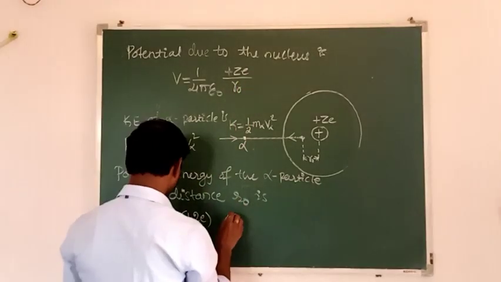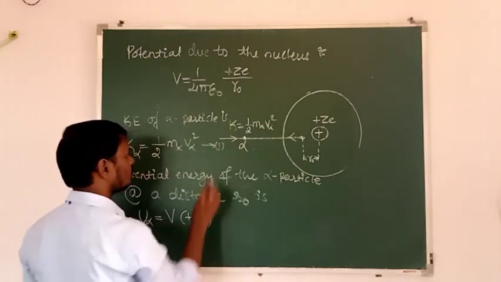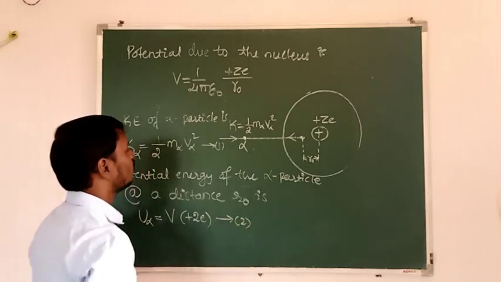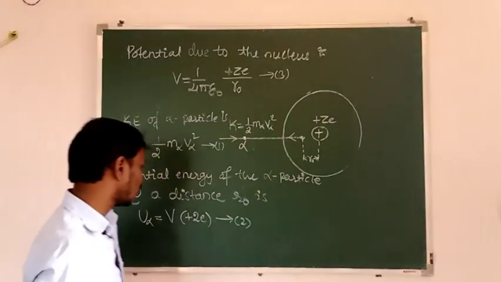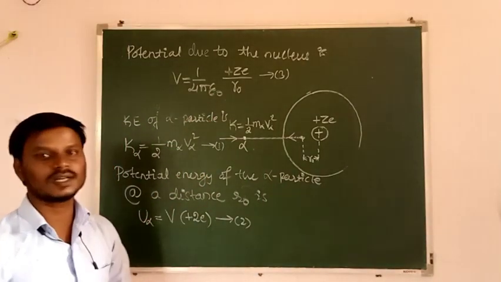Then I will take this as equation 1, the kinetic energy of the alpha particle, this is equation 2, and this is equation 3. Then putting equation 3 in equation 2, we will get the potential energy of the alpha particle.